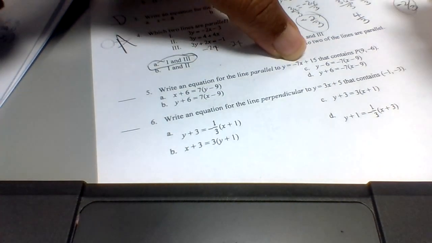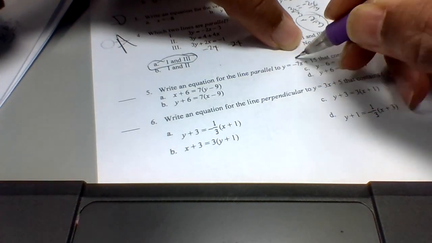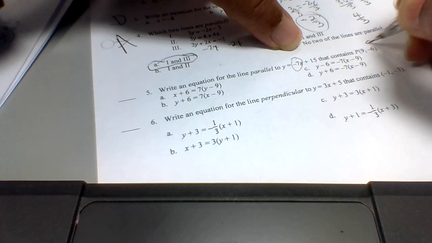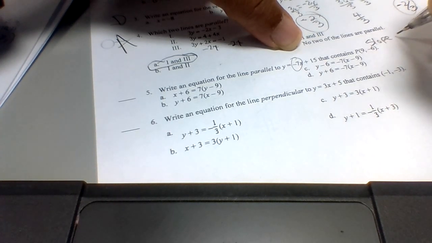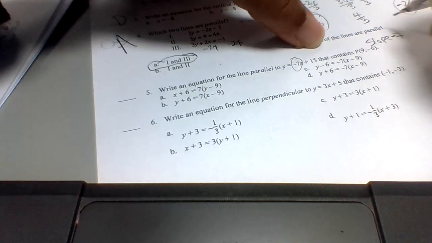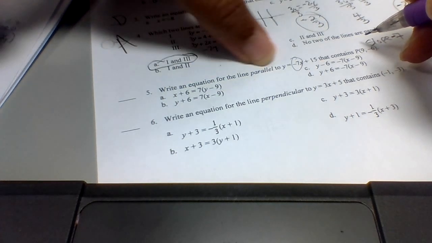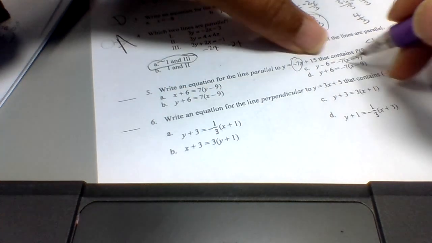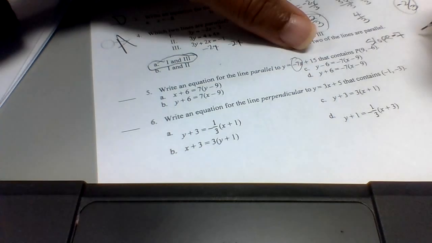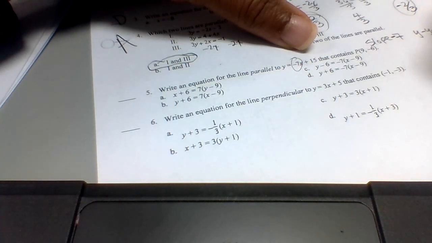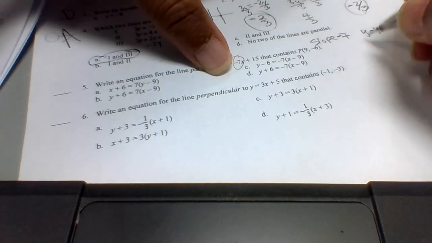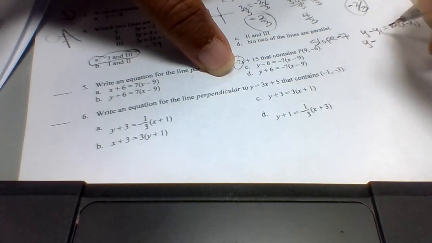Parallel to this, so again, I need the same slope. So my slope is going to be -7, and it looks like it's in the point slope form, which again was y minus y1 equals my slope times x minus x1. In this problem, y is still going to be y.